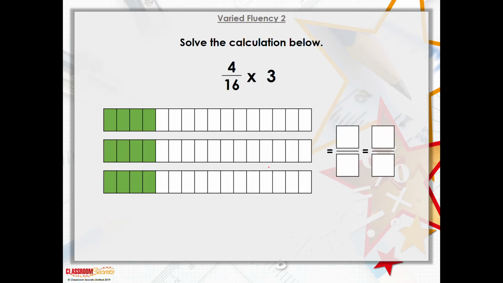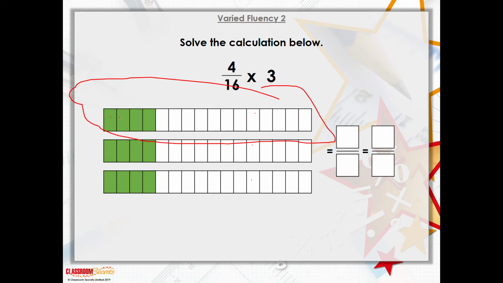It says solve the calculation below, and we saw a problem a little bit like this again yesterday. We've got 4/16 times by 3. So each of my wholes, and I'm going to do just one of them, and there's 3 of them in total, 1, 2, 3, each of them being split into 16 equal parts.